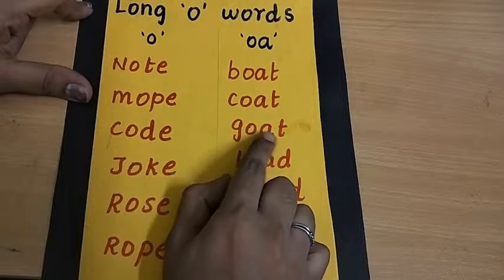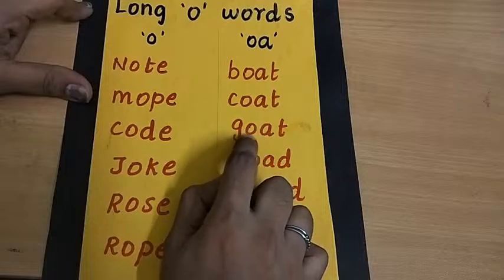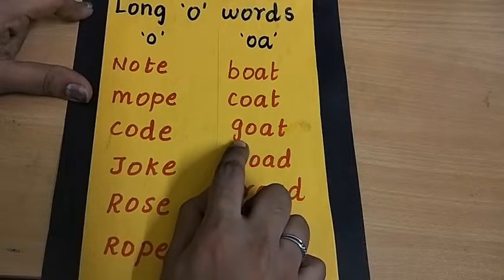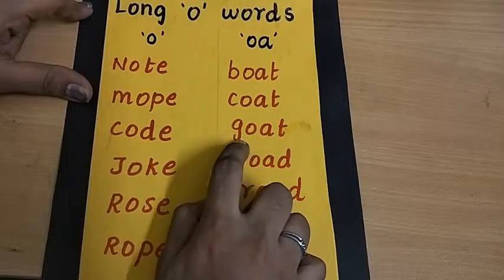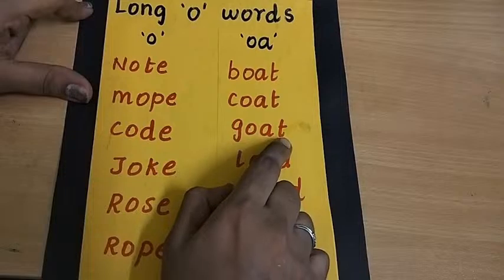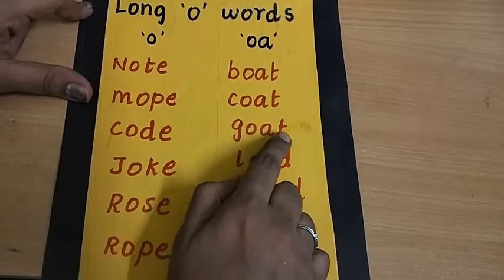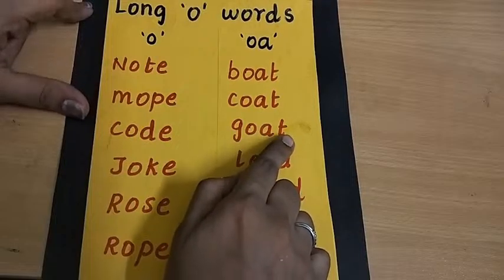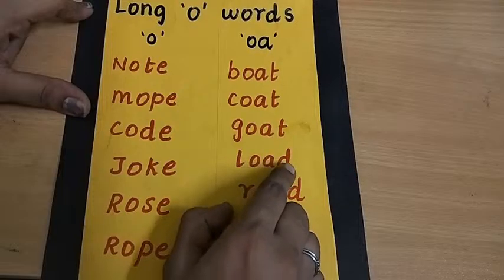Next word, GOAT. The same case, OA. So you have to say the actual sound longer of the first vowel O. The sound of G is G. O. The sound of T is T. G, O, T. Goat. The next word is LOAD.